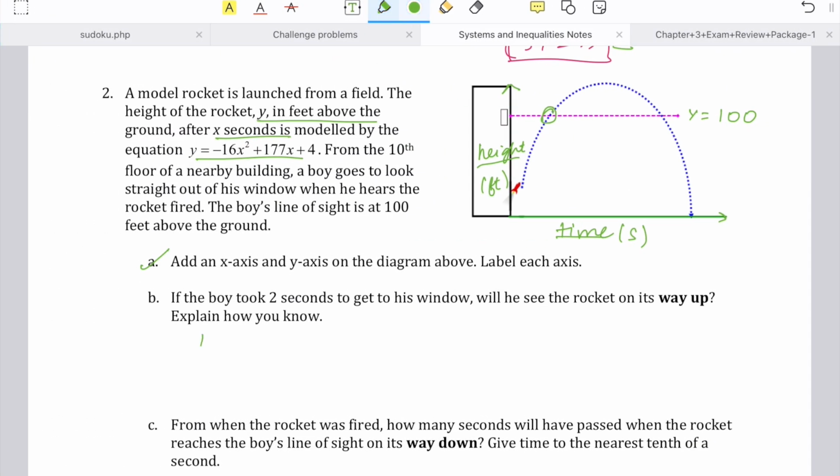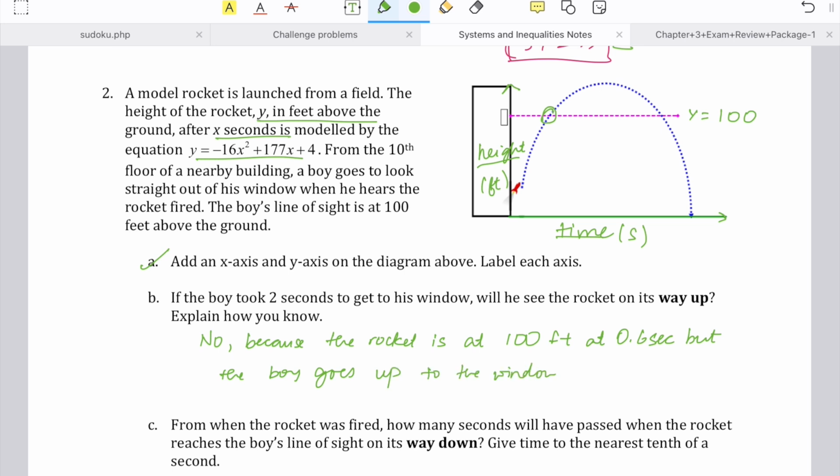So no, because the rocket is at 100 feet at 0.6 seconds, but the boy goes up to the window at 2 seconds, right?